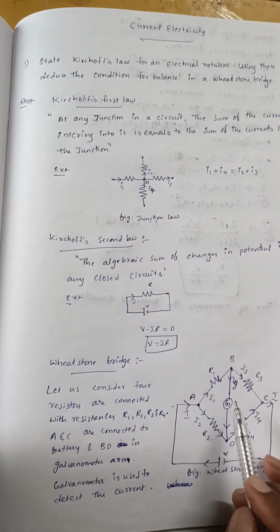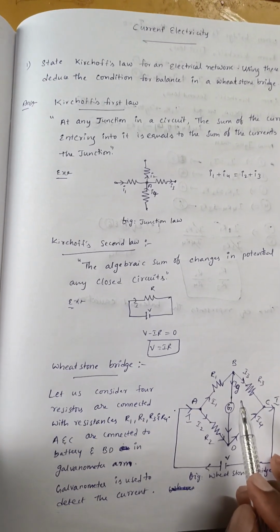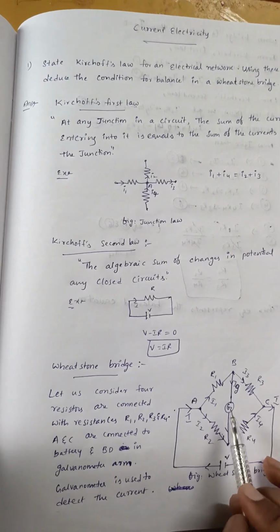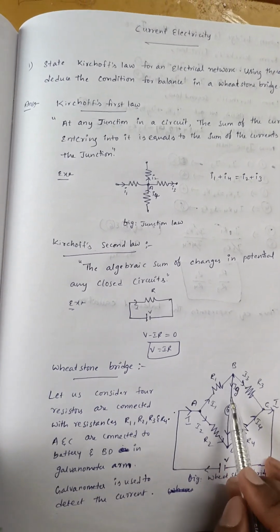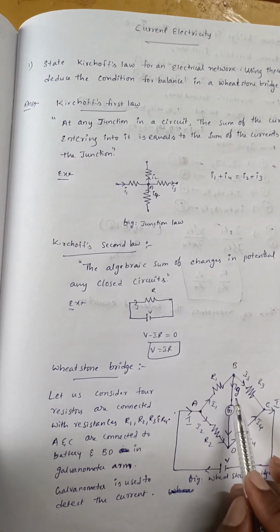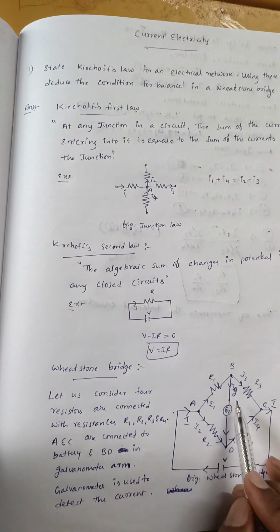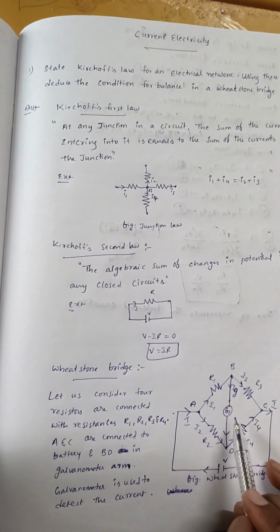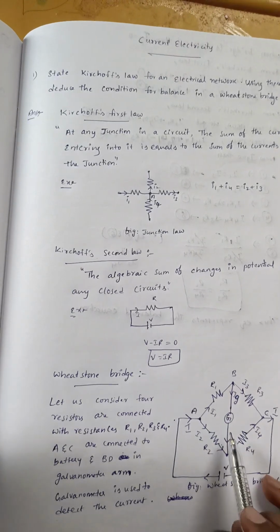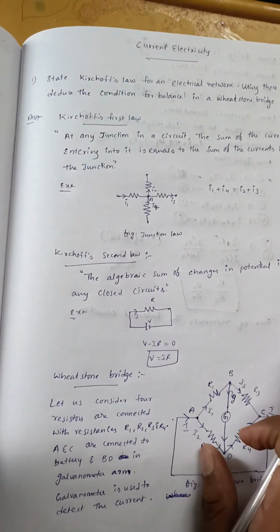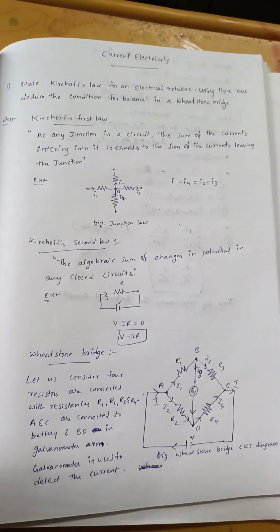If there is no current, then Ig will be 0, which means the bridge is balanced. Only then can we obtain the balanced bridge equation. Now we will see the balanced bridge on another page.